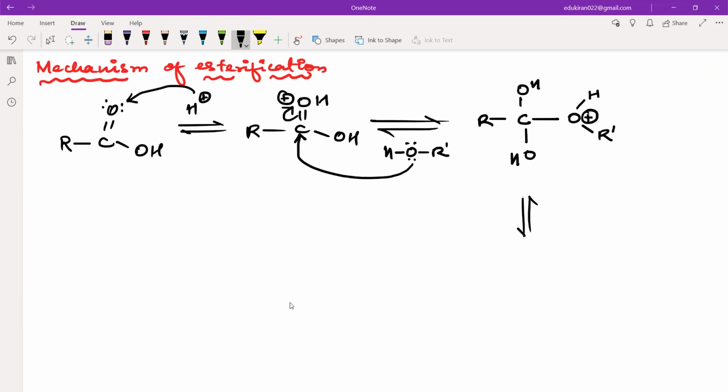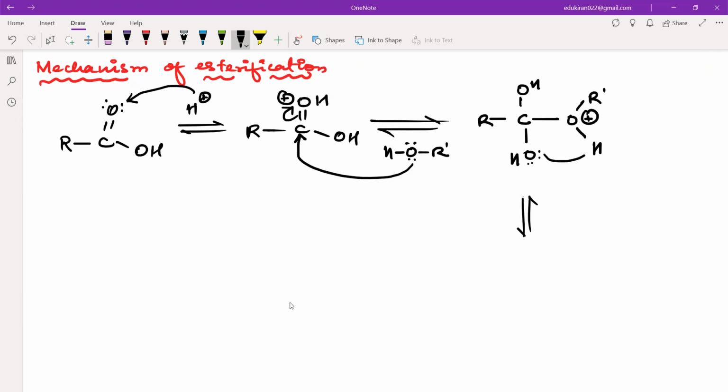Here there is a rapid proton transfer. That means you can see, since this bond is a sigma bond, it will be rotating very fast. So I can write it like this also. It's not an issue. R dash, and here you have hydrogen. Now this has a positive charge, so this hydrogen will have a highly delta positive charge since oxygen is going to pull all the electrons, and in comes this oxygen.